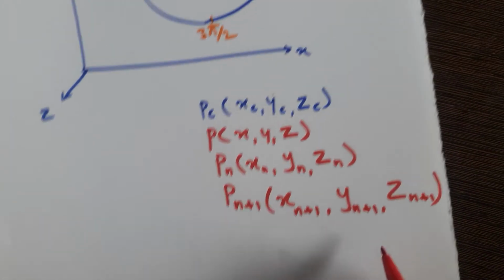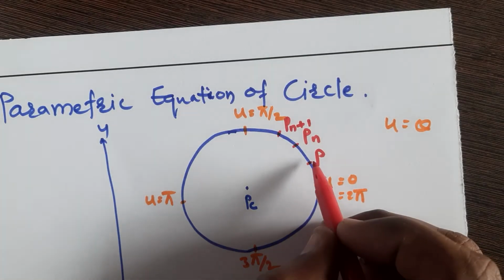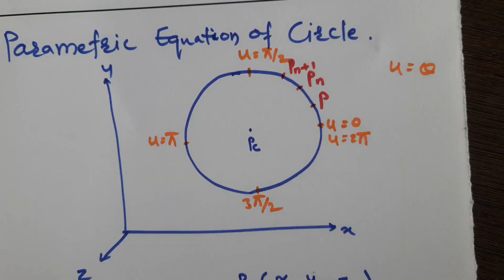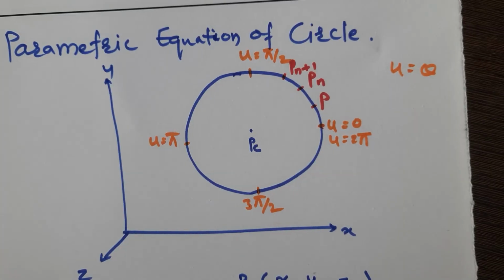So these are the coordinates of the points, and we have considered 3 points P, Pn, and Pn plus 1. Now we want to find the parametric equation of circle.